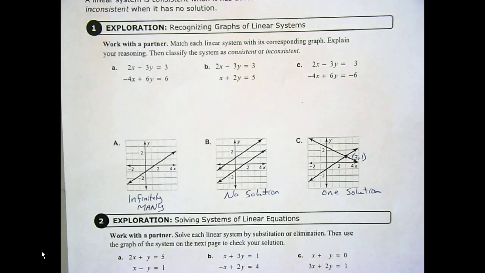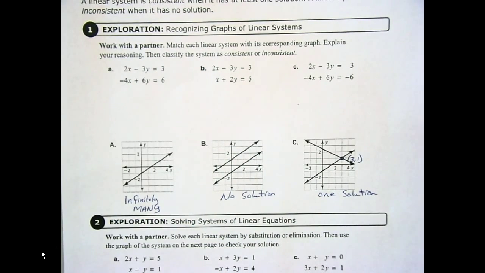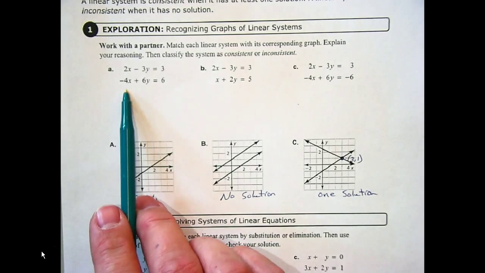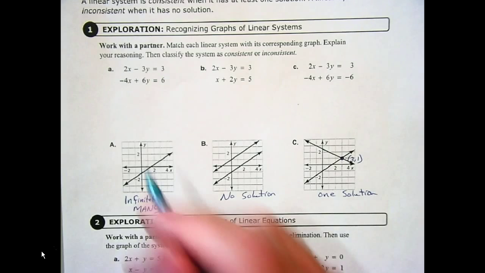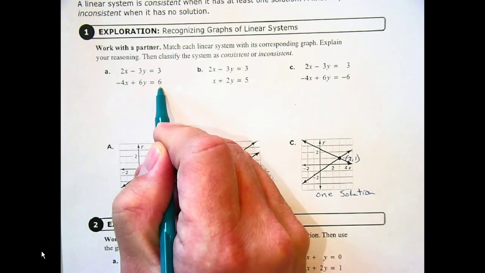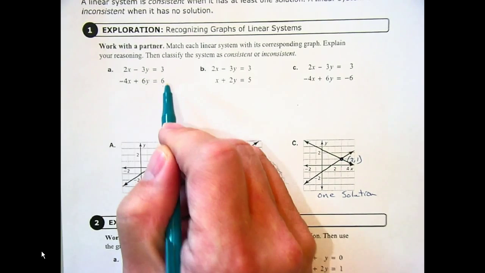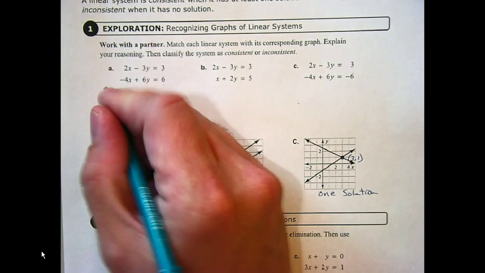Now if I'm taking a look at this and I go up to the equations, the first thing I see as someone who's done math for a while is that I can reduce some of these equations. Just like fractions, I can look at 2, 3, and 3, nothing goes into that, but 4, 6, and 6, what number goes into both of those? 2. In fact, if I want my x term to be positive, I could pull out a negative 2.